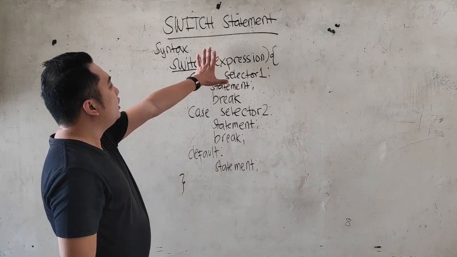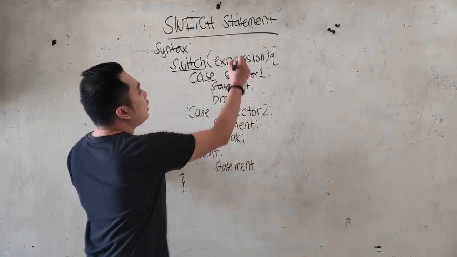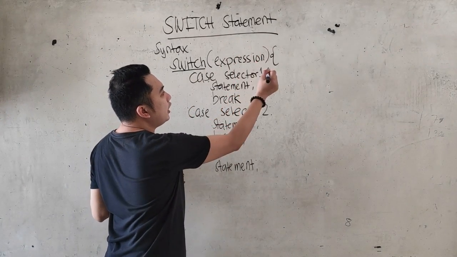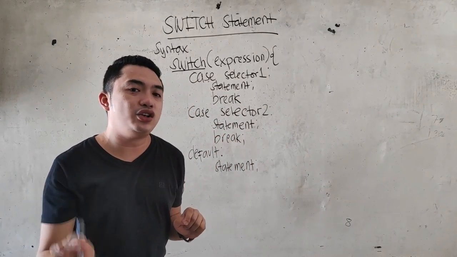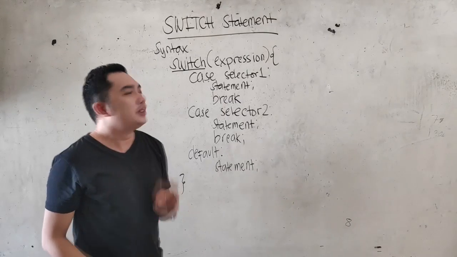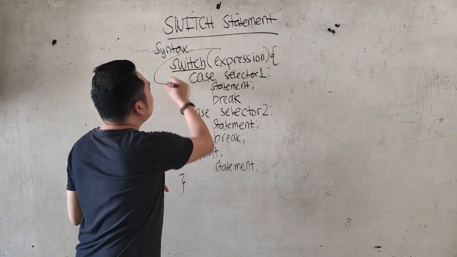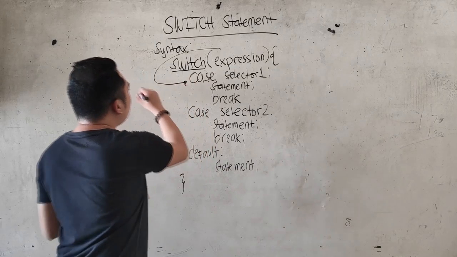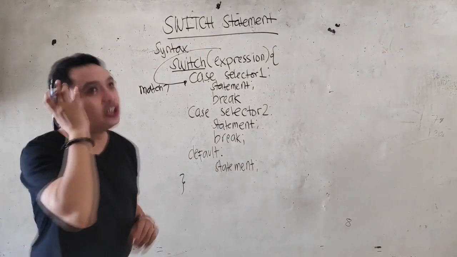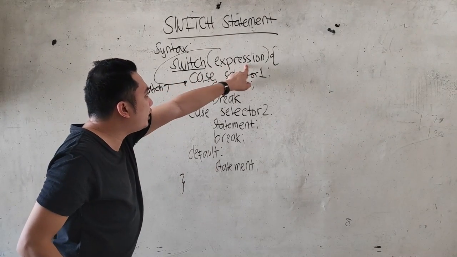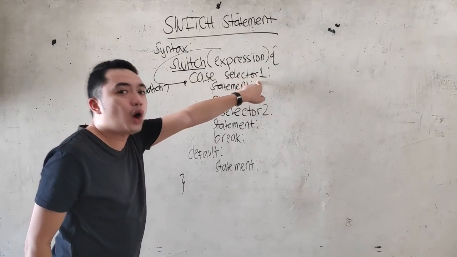So, the switch statement will evaluate the expression here. It will determine what is the resulting value of the expression. Then it will try to match if the expression matches the case selector 1.